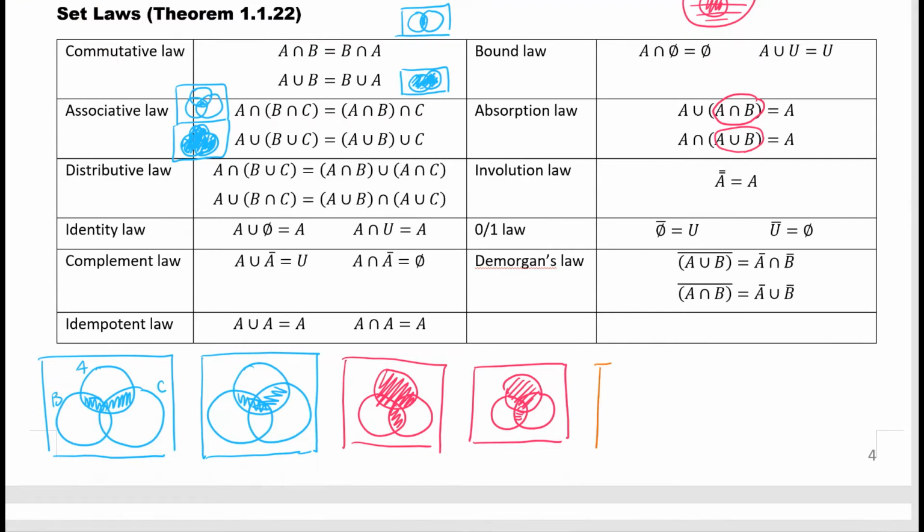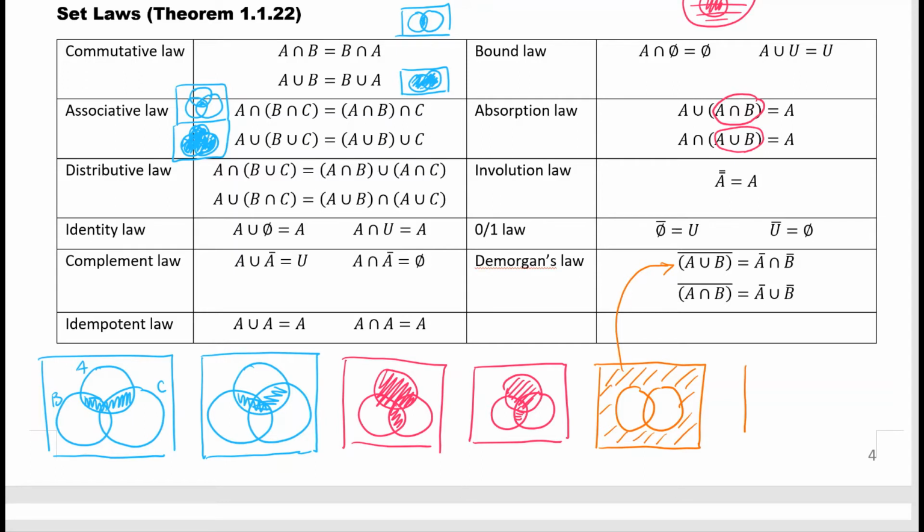Okay, A union B and then complement. When we take the union of A and B, that's the peanut shape, right? Complement means outside of this region. So this is A union B complement.